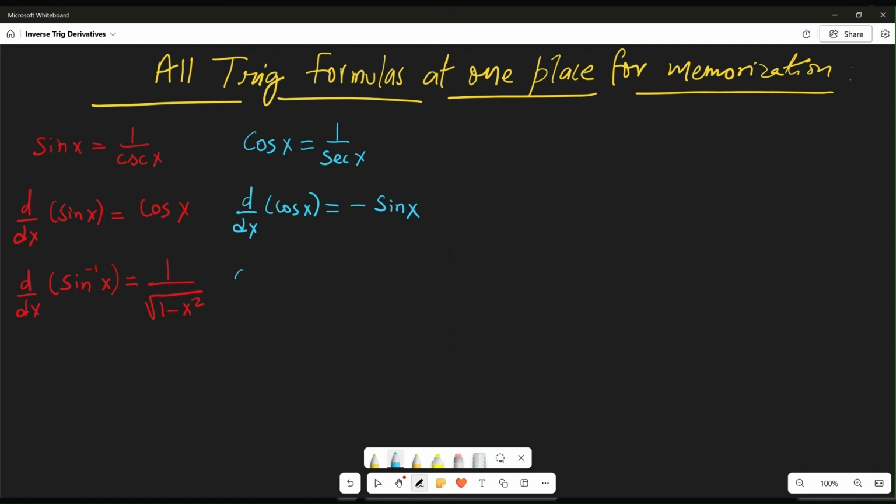And then the derivative of cosine inverse x: as we've seen this pattern, we'll apply the same. Co means negative, so it's the negative of 1 over the square root of 1 minus x squared.